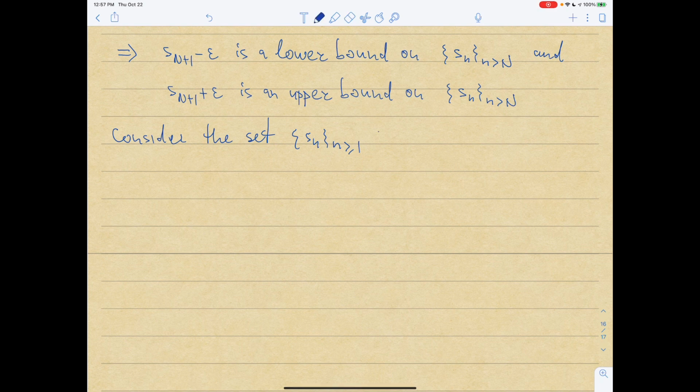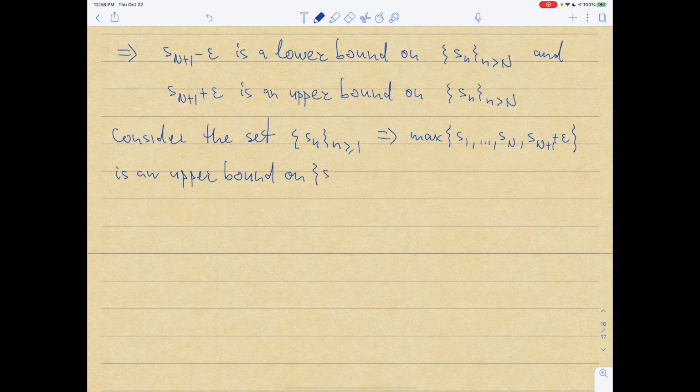So if we consider this set, then the maximum of S1, comma, S capital N, and the upper bound on the subset, S capital N plus 1 plus epsilon, is an upper bound on Sn, n greater or equal than 1.